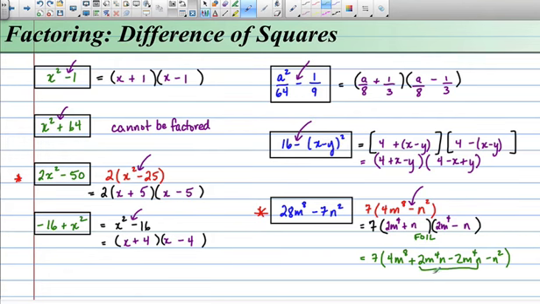These two terms cancel out, they become a 0, and we're left with 7 bracket 4m to the 8 minus n squared, which is our exact initial expression when we distribute.